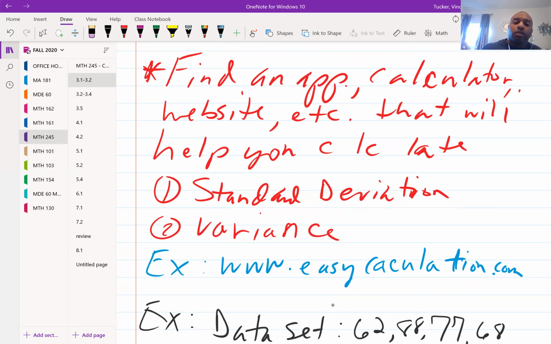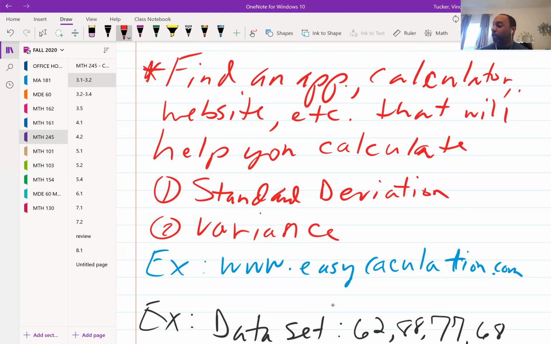All right, so one I always suggest is easycalculation.com. It's something that I know works, and I'll show you that in a second. Or you need something, app, calculator, website, or something of that nature. StatCrunch, we talked about, or I mentioned StatCrunch in your My Math Lab Help toolbox.